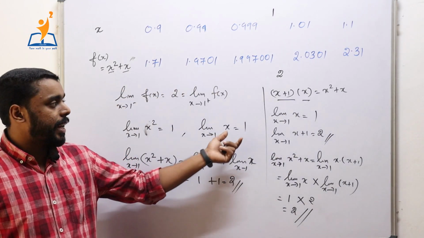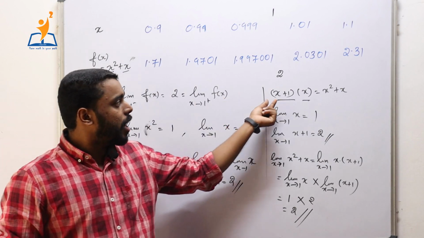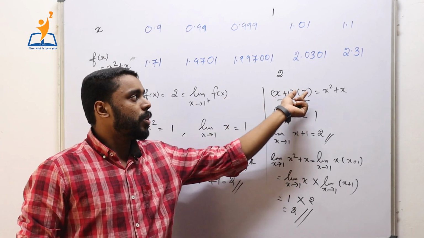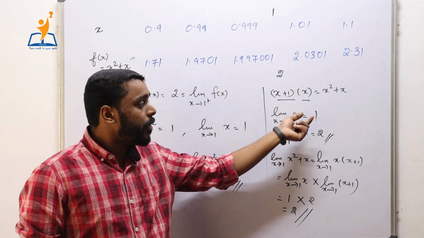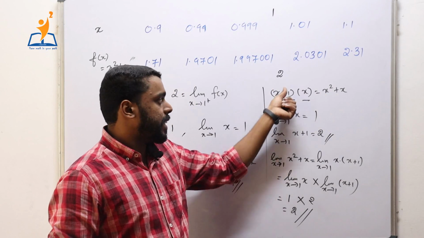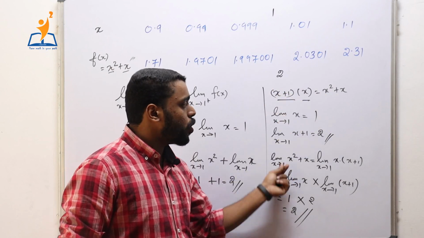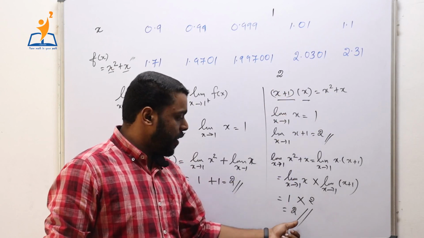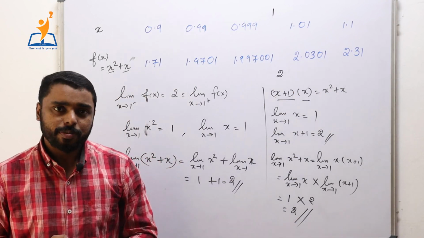Clearly, we see that if we know the limits of the parts of this product, then we can evaluate the limit of the entire function by splitting it into two components, and hence we get the limit as 2.